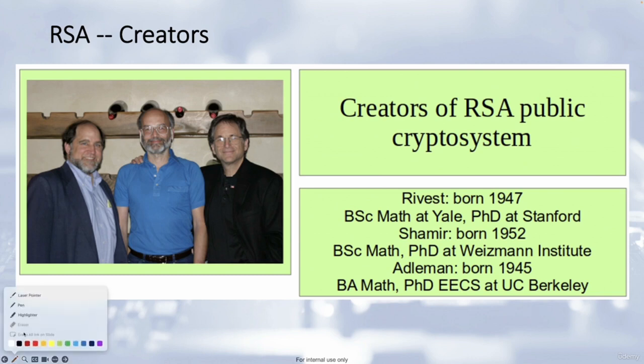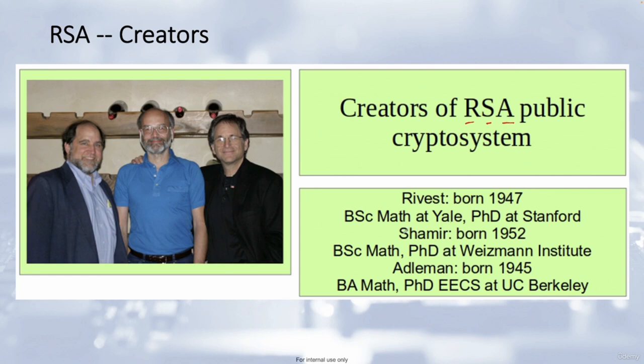RSA is based on the names of its creators, and to be honest, these are the geniuses: Rivest, Shamir, Adleman. Rivest was born in 1947.